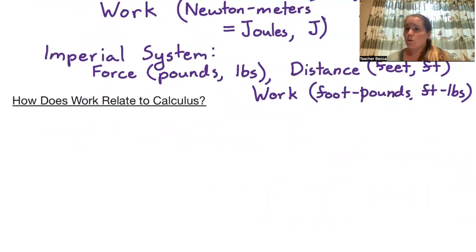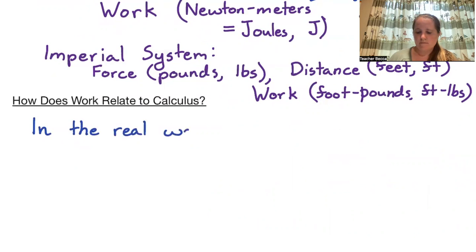So how does work relate to calculus? In the real world, we don't apply the same amount of force all of the time, right? We don't always apply a constant force.